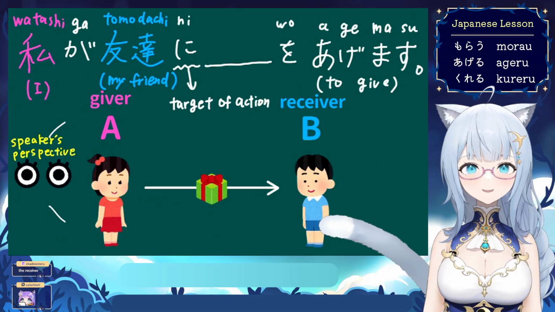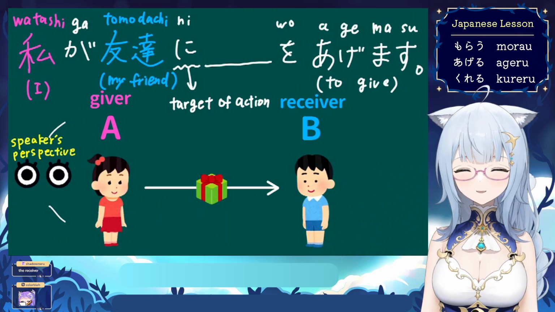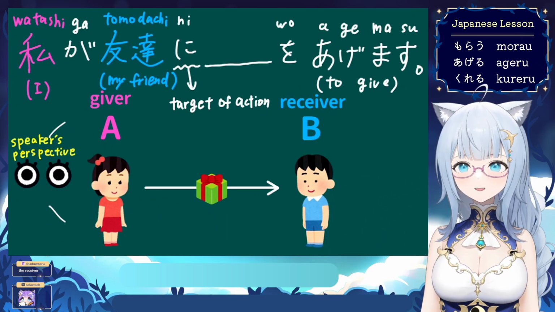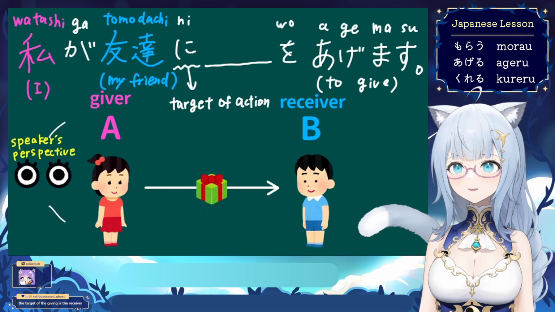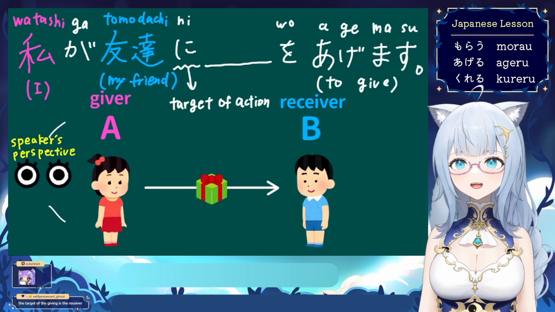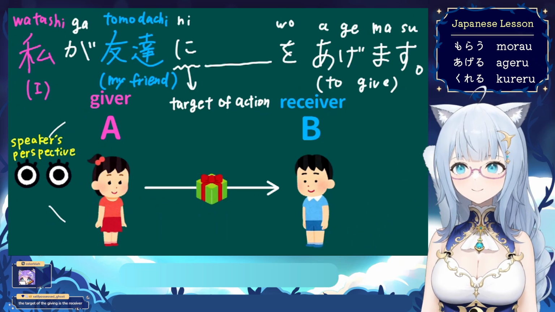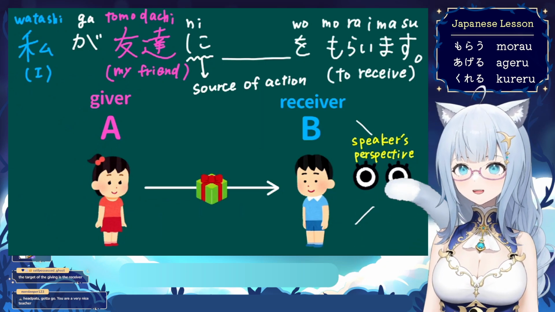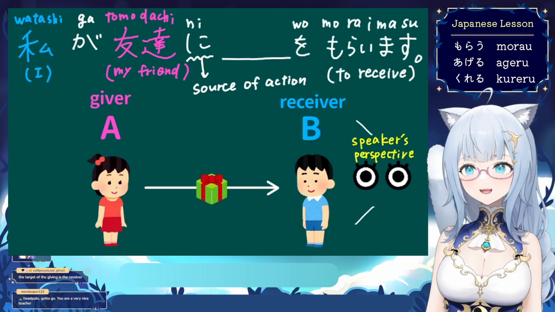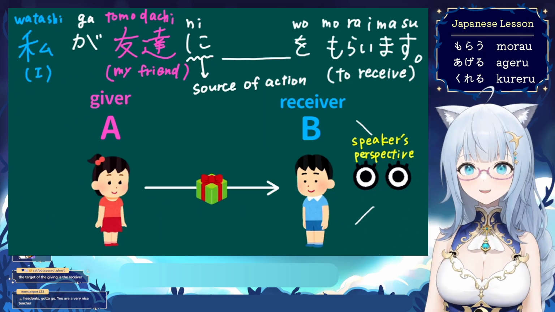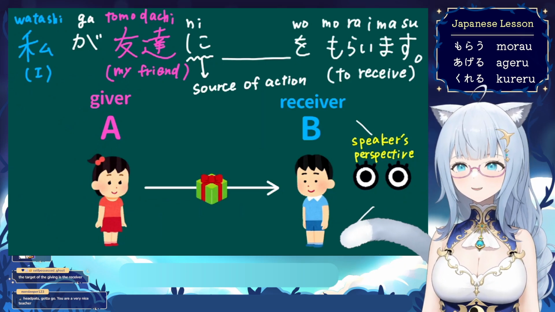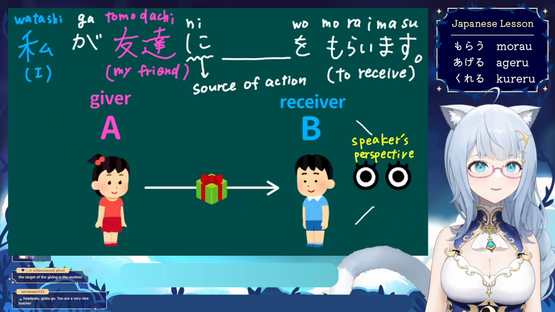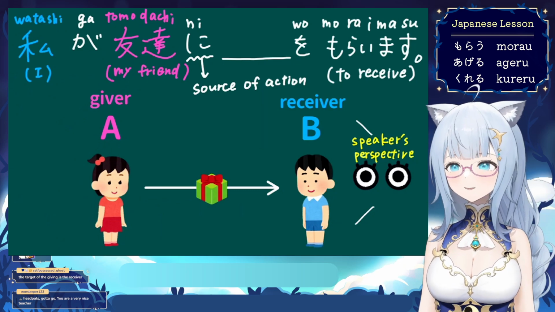I think もらいます and あげます are really simple because あげます is to give, もらいます is to receive, but the subject and speaker's perspective are always in the same position. In this sentence, the subject is B and the speaker's perspective is also B side. So it is easy to understand, the same as an English sentence.